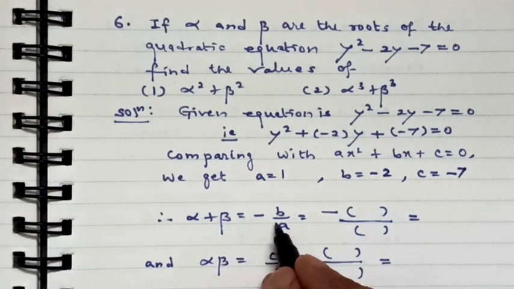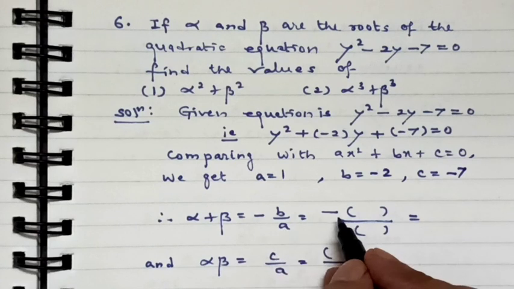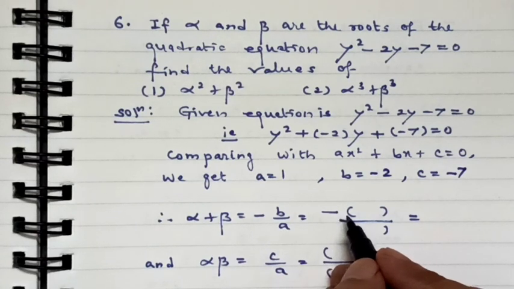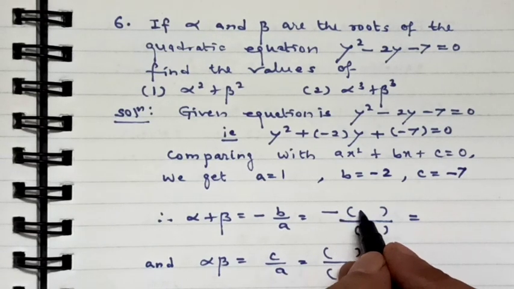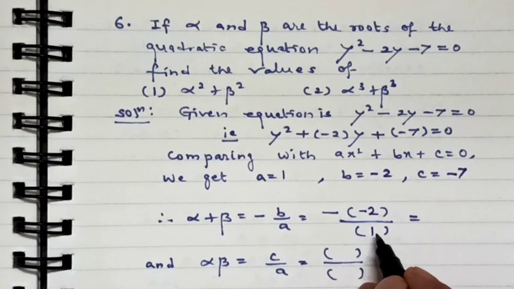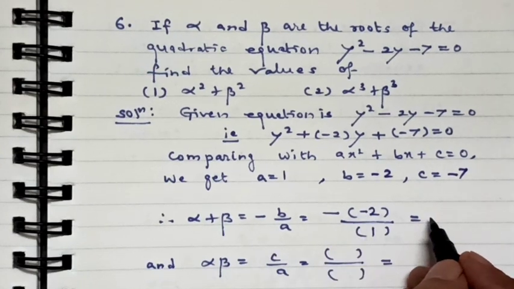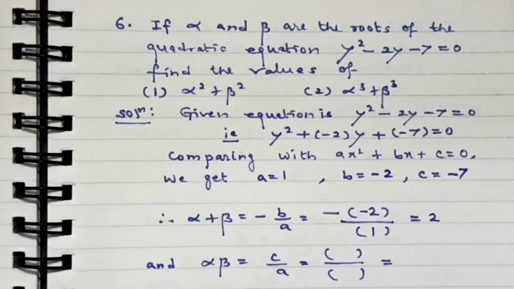Alpha plus beta is equal to minus b by a. So minus b is minus 2 and a is 1. So minus minus becomes plus. Plus 2 upon 1 will give you only 2. C is minus 7. A is 1. So minus 7 upon 1 is minus 7.